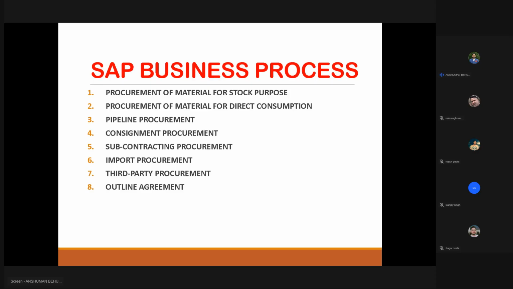So the concept is, when you know the exact date on which you need that product, you can directly create a contract with them and just mention the delivery date on which you need the product, and the supplier will directly send you the material. You don't have to place any orders.